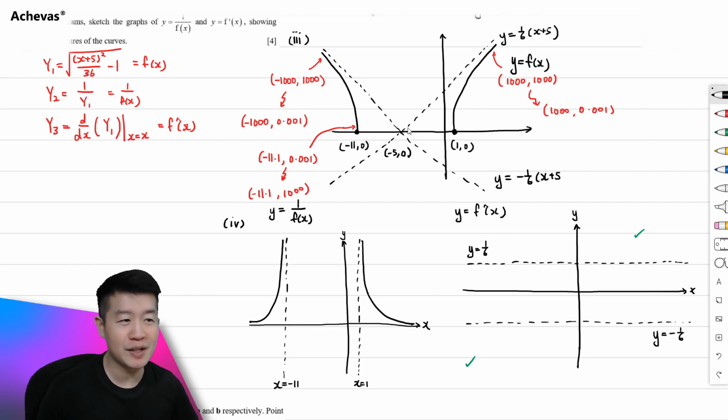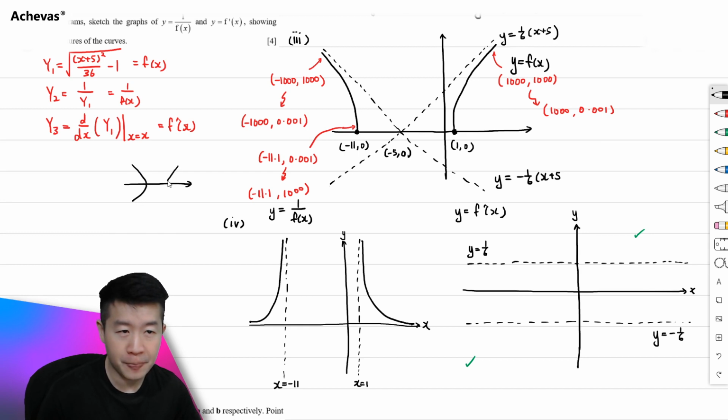What is a little bit interesting about this question are these 2 points here. From our knowledge of hyperbola, if I were to draw the full hyperbola, these 2 points are turning points like this, which means the tangents are actually vertical. When the tangents are vertical, the gradient is undefined.